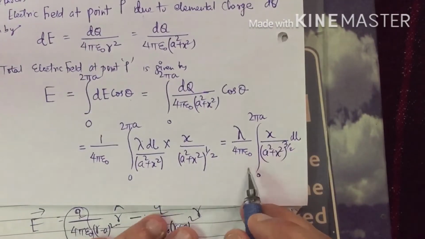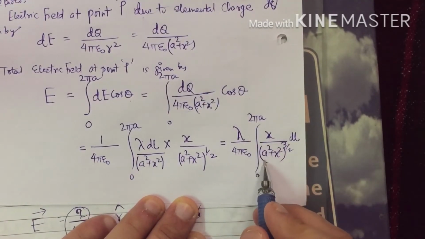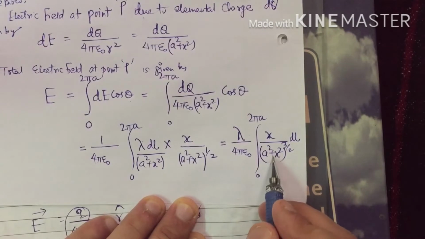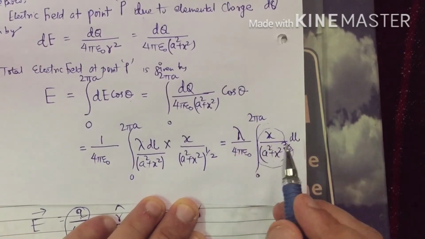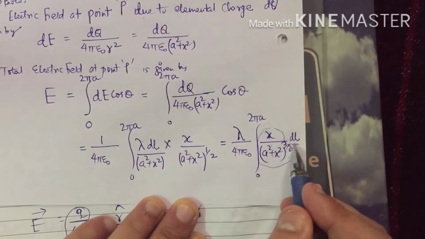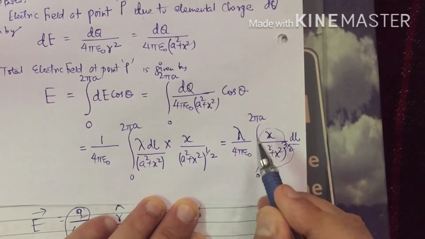Now since x is constant, it will also come outside of the integral. This quantity is also constant, so these quantities will come outside of the integral, and only dl is a variable along the ring, because the elemental charge is going through the entire circumference.